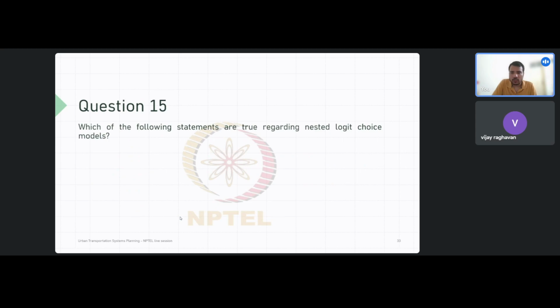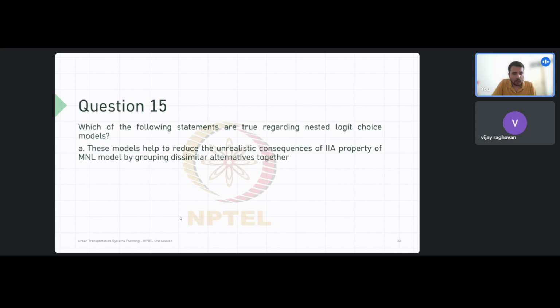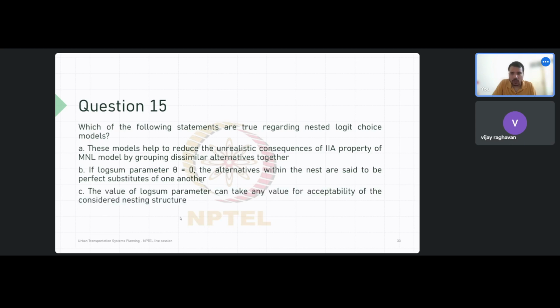Moving to question 15, which of the following statements are true regarding nested logit choice models? A: These models help to reduce the unrealistic consequences of the IIA property of the MNL model by grouping dissimilar alternatives together. B: If the log sum parameter is 0, alternatives within the nest are said to be perfect substitutes. C: The value of the log sum parameter can take any value for acceptability of the considered nesting structure.